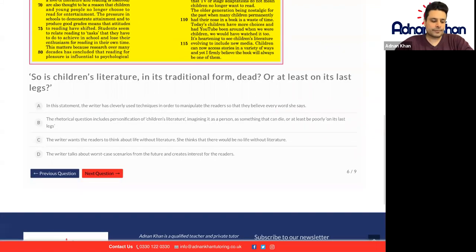What would you go for? So just have a look at the format of this particular statement. Is it a statement? Is it a question? That will kind of give you an idea.